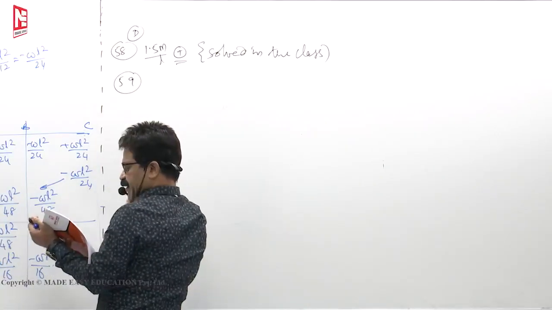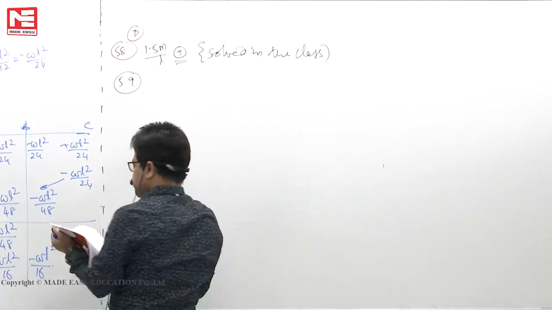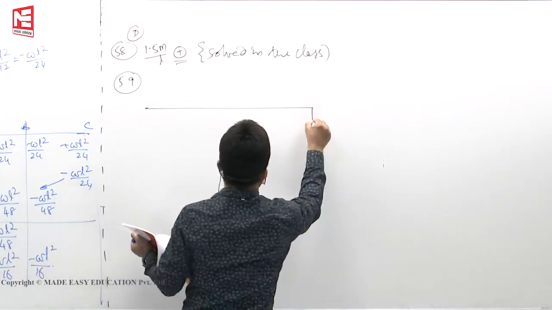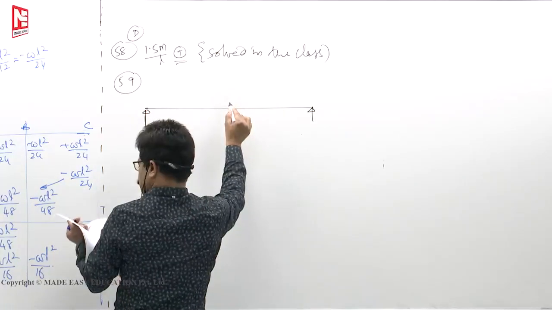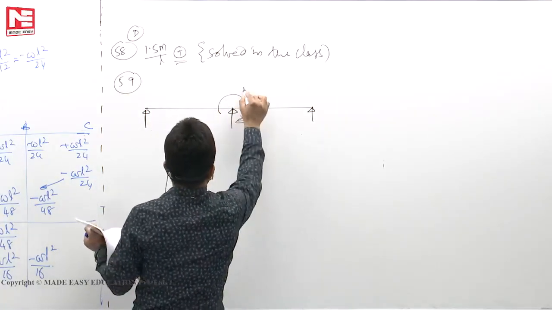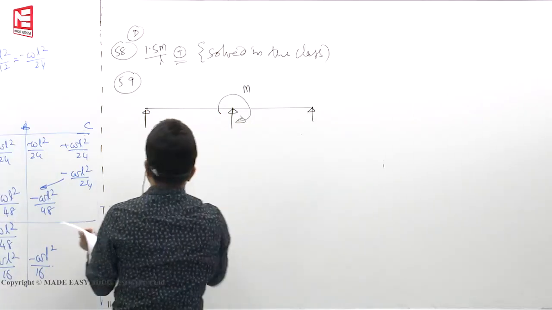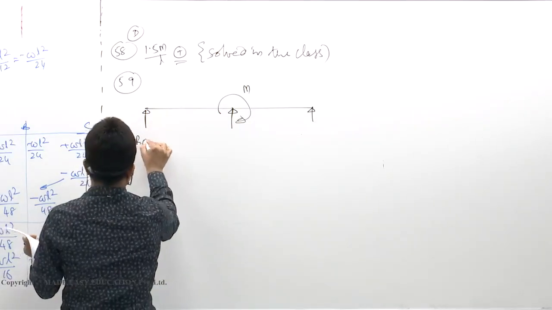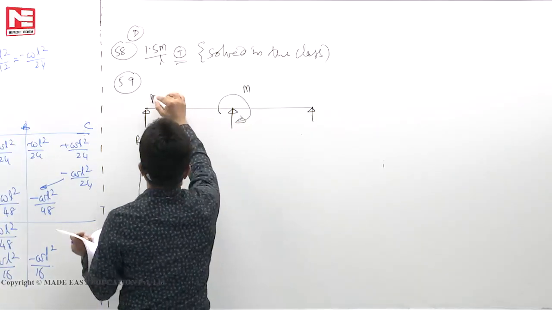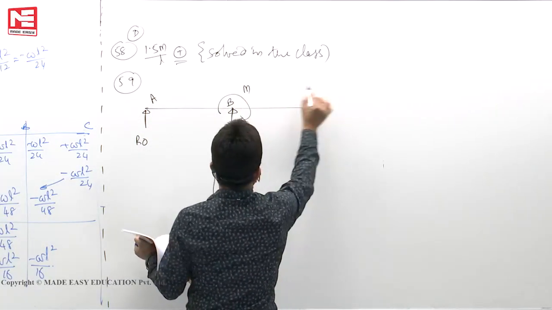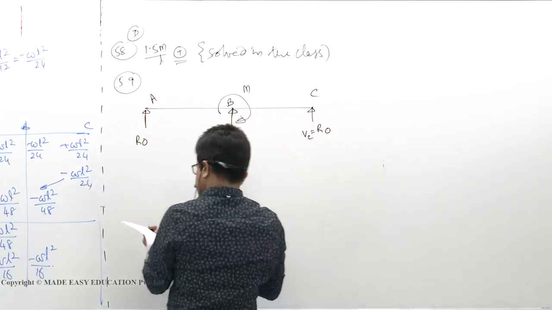Then 59. A continuous beam ABC is loaded with a concentrated moment M. End reaction at C is calculated as R0. A, B, C. VC is R0.